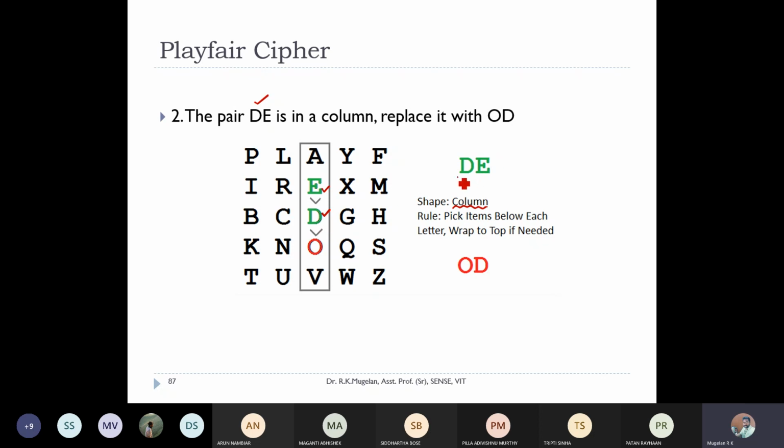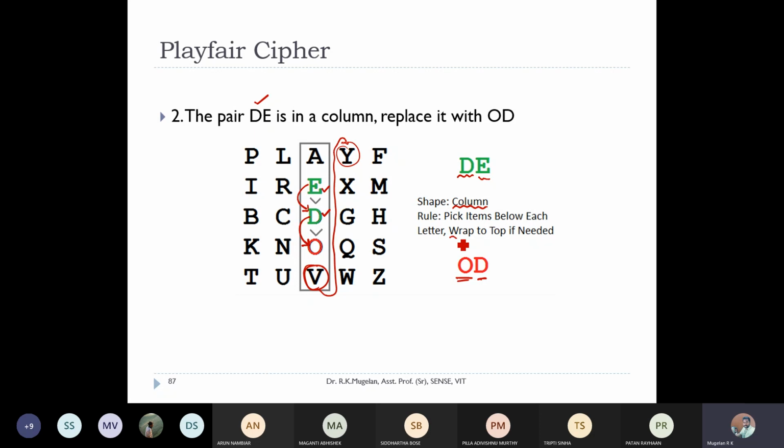So in this case, I have my first plain text D. So I will choose the character which is below this one as the replacement element, and E will be replaced with D. That's why your D is replaced with O and your E is replaced with D. Suppose you have your plain text present here, then you have to move to the next column and you'll be choosing this element here.